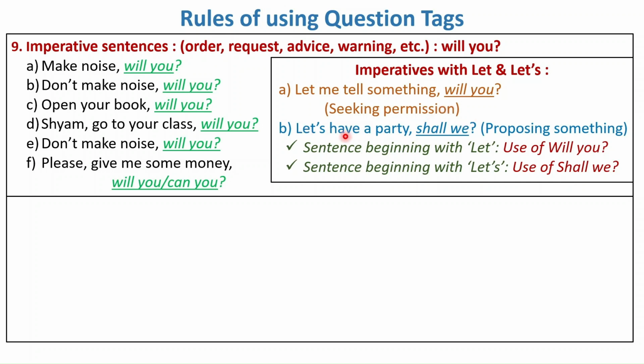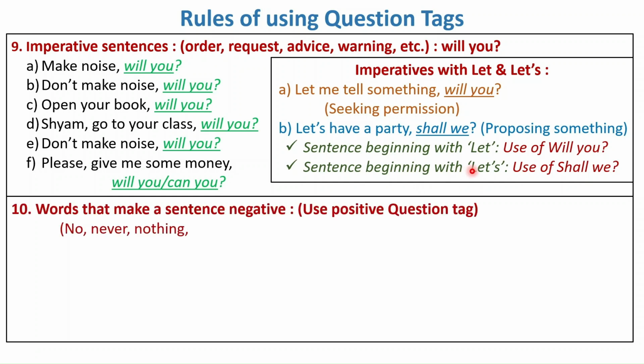In this case, let's is used for proposing something. The speaker proposes that they should do something. Therefore, we use will you with the sentences beginning with let, and we use shall we with the sentences beginning with let's. Okay, now let's move to another rule.